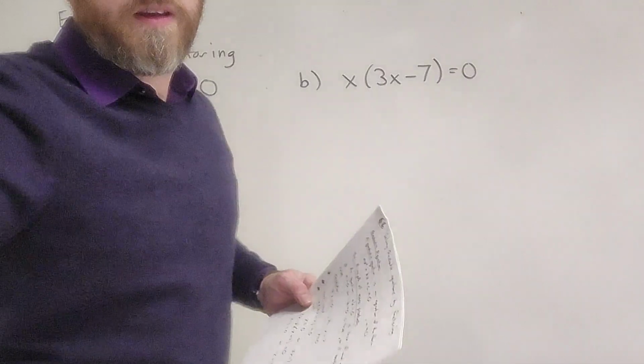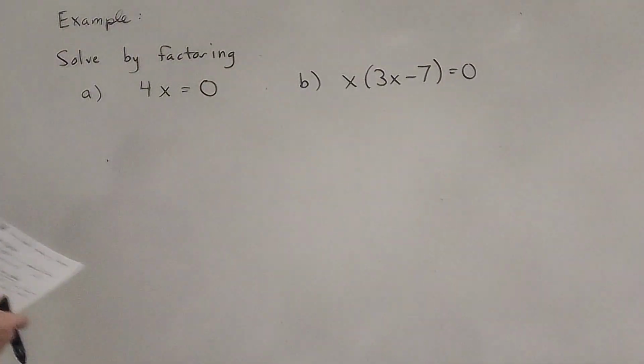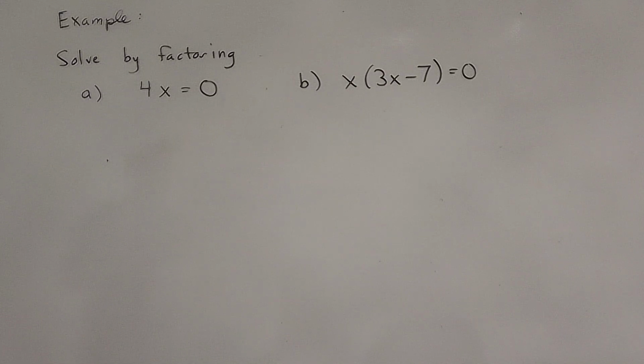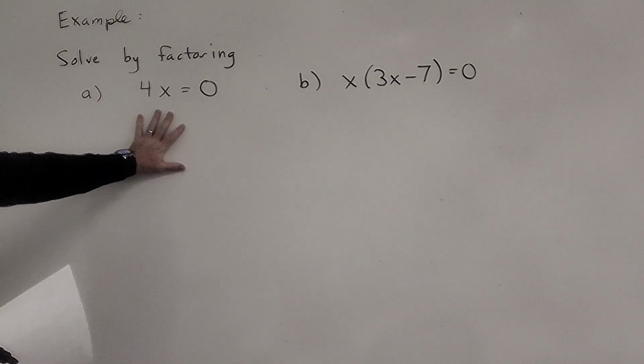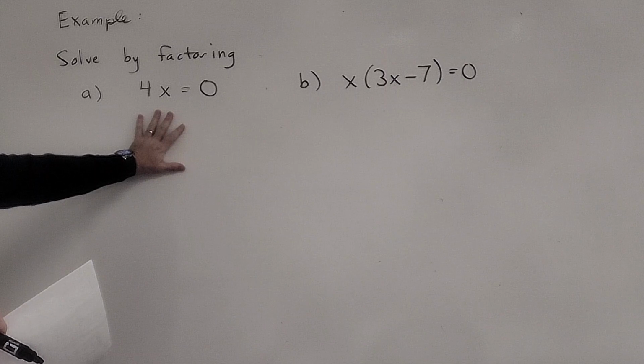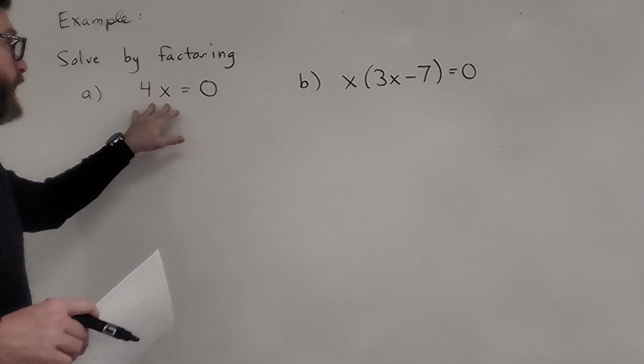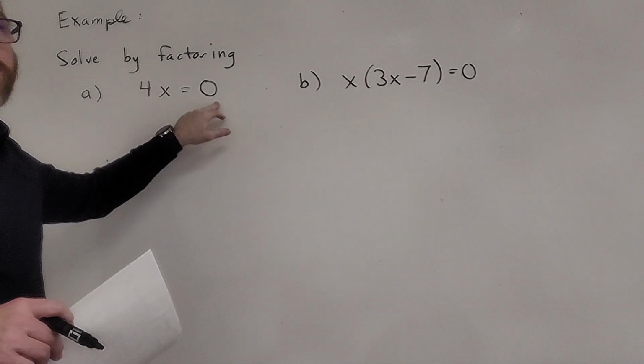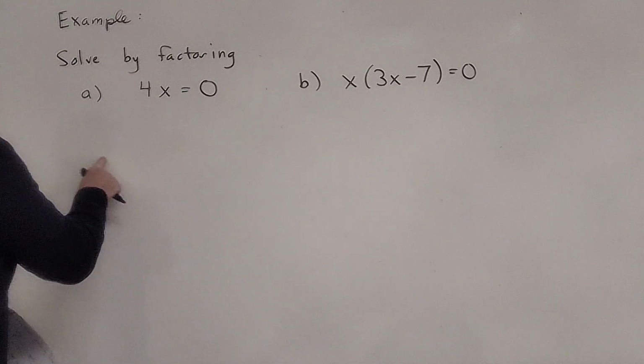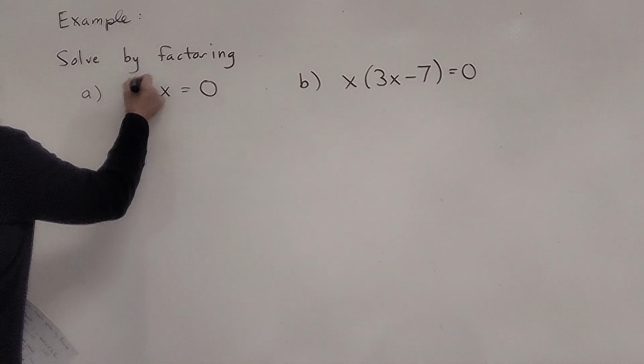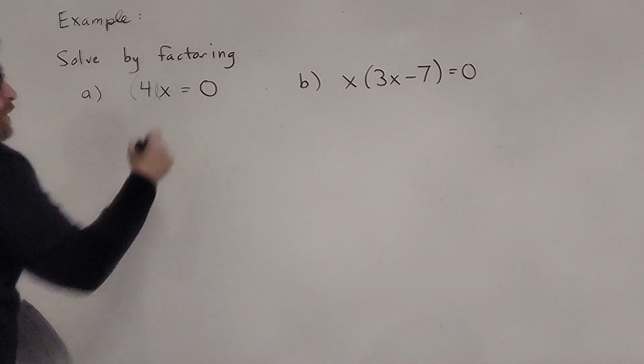All right, so we'll solve some examples by factoring. These have already been factored for us. Once they've been factored and I know that a product is equal to 0, I can use the zero product property. This says we have a factor of 4 and a factor of x.